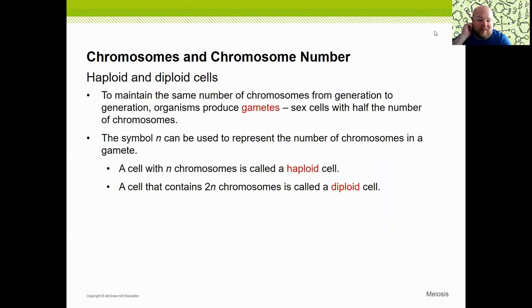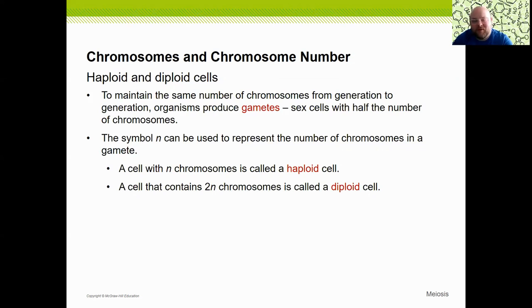Now, when we talk about cells, we also have what are called haploid cells and diploid cells. To maintain the same number of chromosomes from generation to generation, organisms produce their gametes, or sex cells, meaning sperm for males, eggs for females. Each of these gametes has half the number of chromosomes.